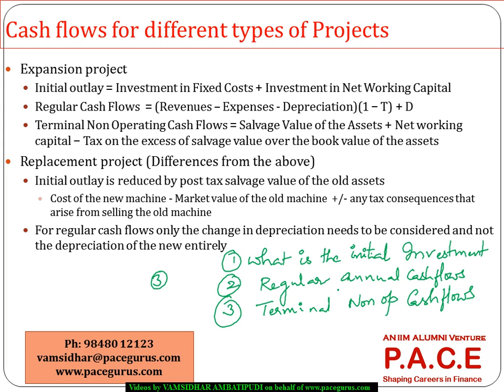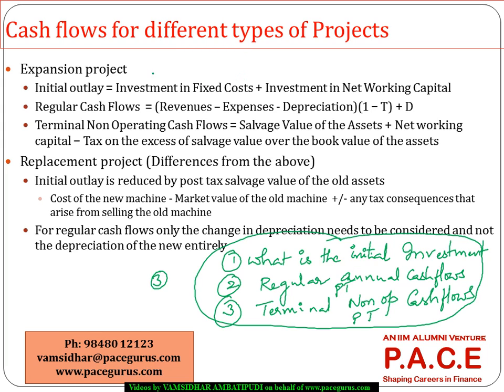Even the annual cash flows are post-tax. So wherever we evaluate any capital project, we look at these three types of cash flows and then evaluate by finding out the NPV or IRR of the project.